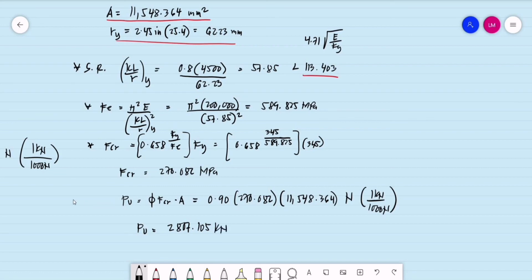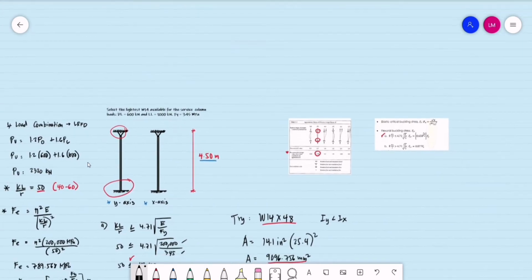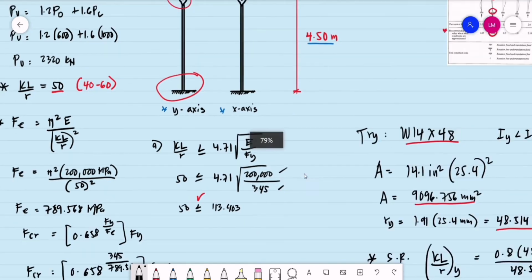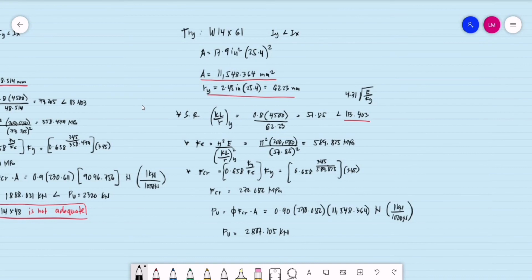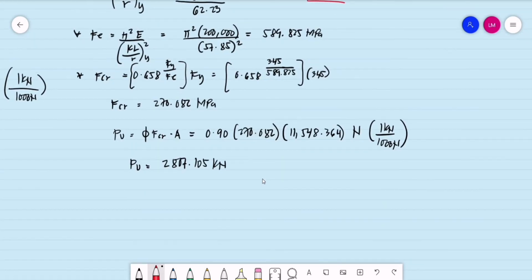kilonewtons. So again, what is the required P sub U for this example, or that is, what is the actual ultimate load? 2,320. And the capacity of our new trial section, the W14 by 61, is equal to 2,807.105, which is greater than the actual P sub U of 2,320 kilonewtons.